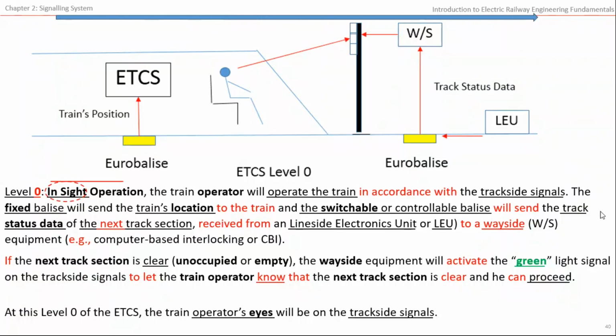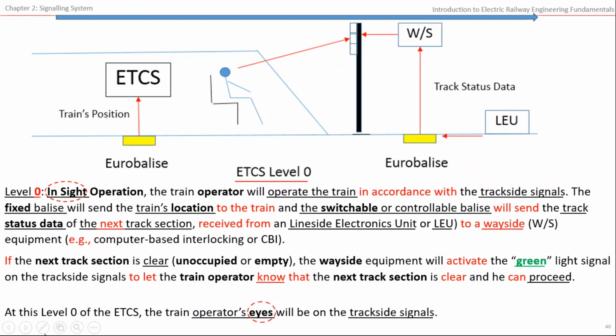So this is ETCS level 0. They call it sight operation, meaning that the train operator will operate the train in accordance with the trackside signals, meaning the train operator must look at the wayside signals.